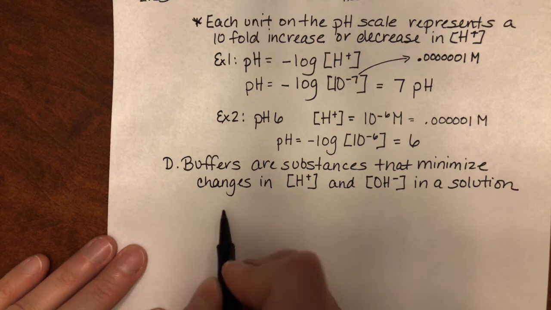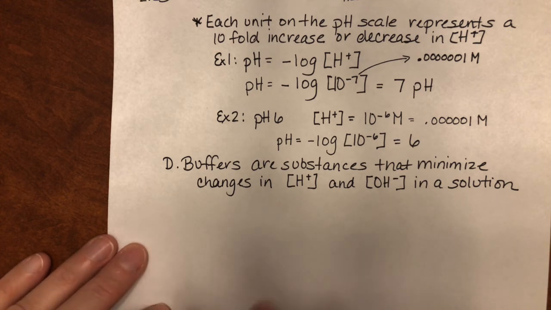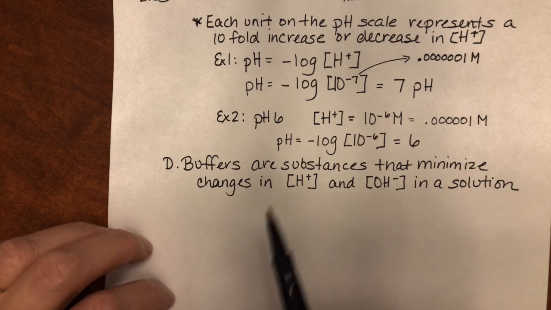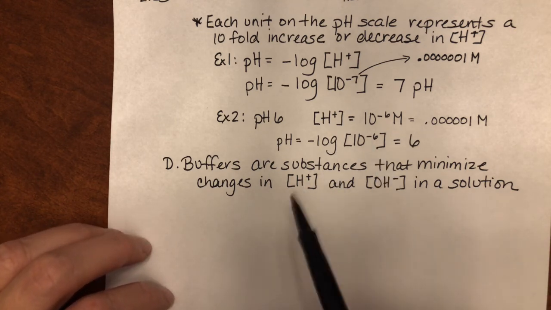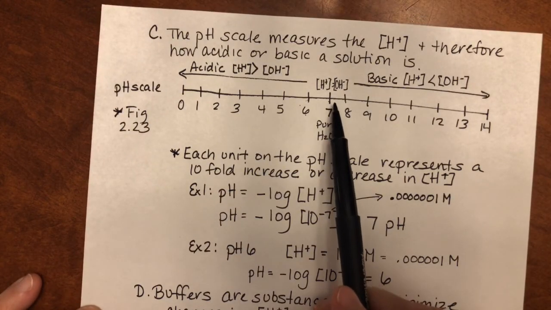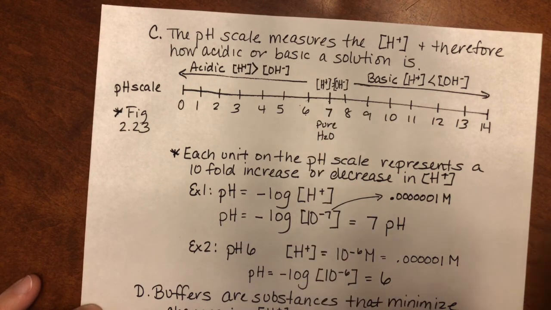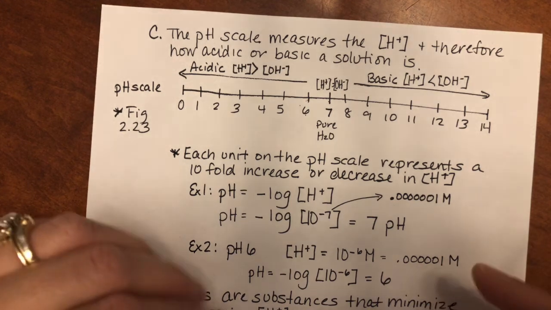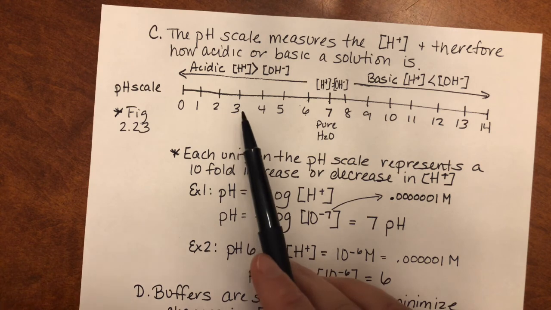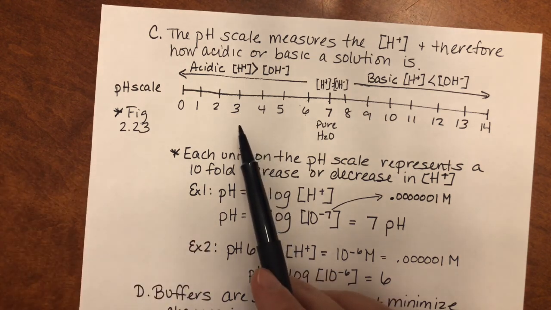And so I'm going to put here, we have certain molecules in our body that will help to keep our blood pH level just over 7, so it doesn't really change much. And it does that by either, if your blood becomes too acidic, which means it has too many H pluses, it'll take H pluses out of the solution.